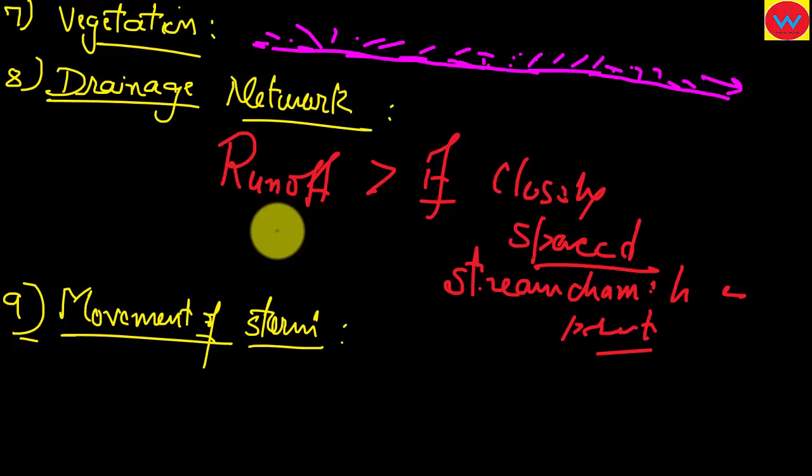And if the storm is moving downstream, then the peak will be more, because as it comes down, all the water that has drained on its previous journey will start to come down, and as soon as it reaches the mouth of the basin, all the water will start contributing basically at the same time. So the time of concentration will be less. So if the storm moves upstream, the peak will be less, and if the storm moves downstream, the peak will be more.